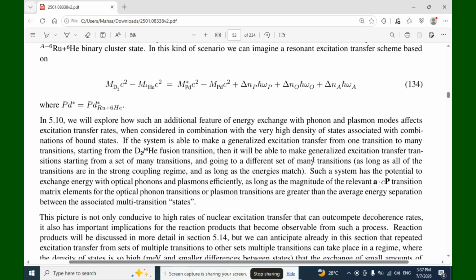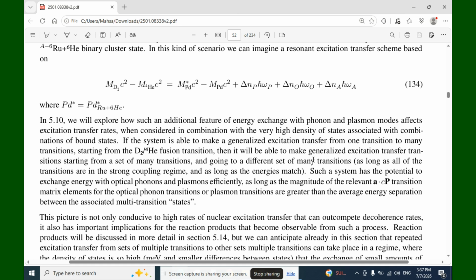If the system is able to make a generalized excitation transfer from one transition to many transitions starting from the deuterium helium-4 fusion transition, then it will be able to make general excitation transfer transitions starting from a set of many transitions and going to a different set of many transitions, as long as all of the transitions are in the strong coupling regime and as long as the energies match.